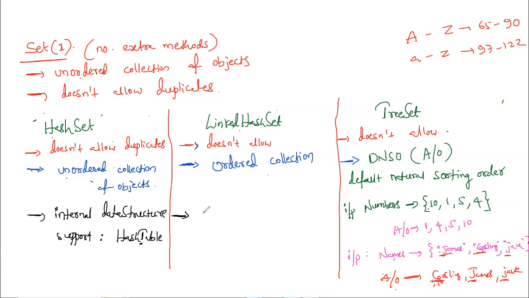The internal support for this is a hybrid kind of data structure, which is hash table along with linked list. For this TreeSet, because of no space, I am writing here. The internal data structure support for this TreeSet is nothing but balanced tree.